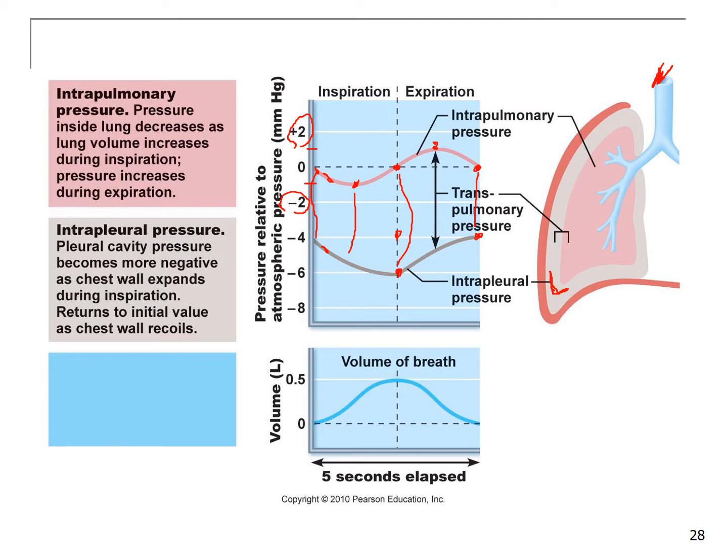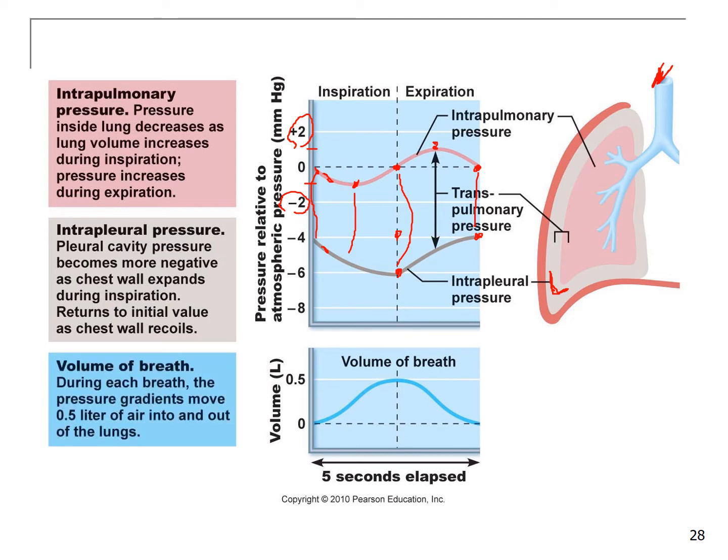Okay, so the third thing that we're going to look at in this diagram is the volume of breath. So again, look at the top portion here, as you carry out inspiration, pressure drops, then as the pressure drops, air will come in. Now it'll come in until you equalize pressure, and that's when breath stops coming in. Okay?